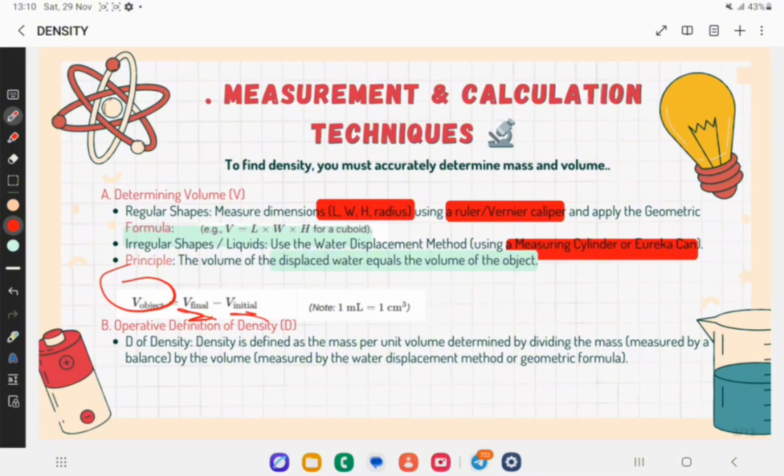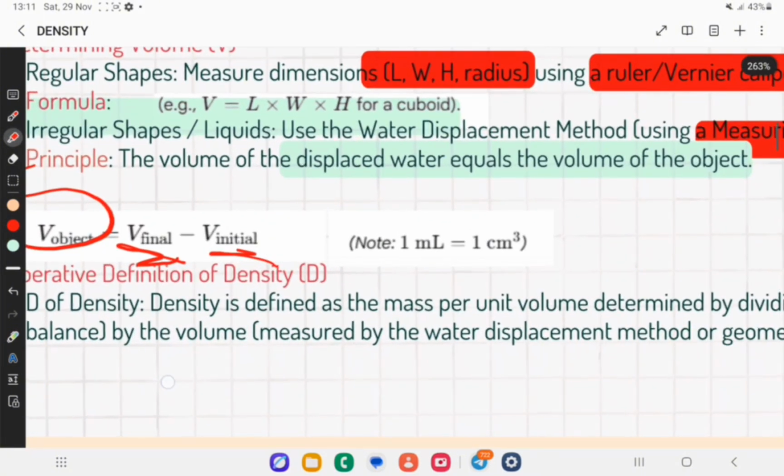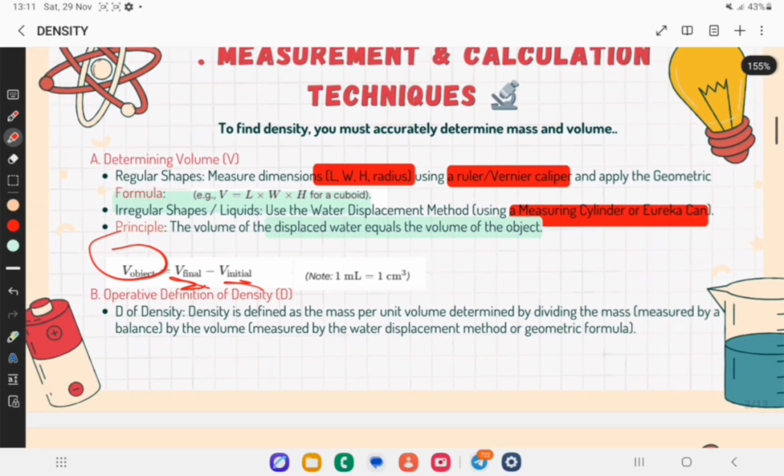For the operational definition of density, we need to know and understand what the definition is. Density is defined as the mass per unit volume, determined by dividing the mass, measured by a balance, by the volume, measured by a displacement method or geometric formula.